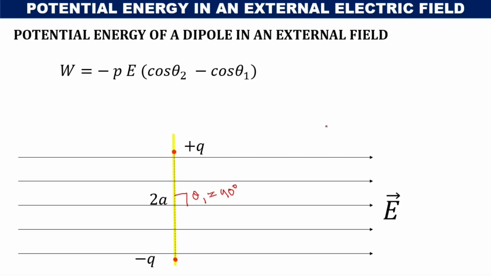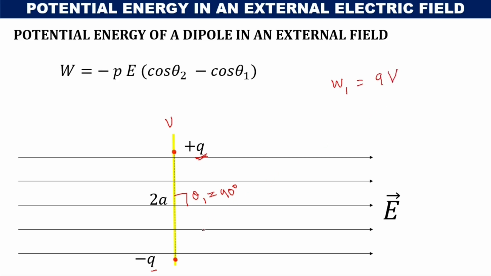To find out how much work is done in bringing the charges plus q and minus q from infinity to these two points, let us assume that the potential at this equipotential surface is represented as V. It should be the same throughout the surface. The work done in bringing the positive charge from infinity to its position on the equipotential surface is represented as W1, which is equal to Q into V.